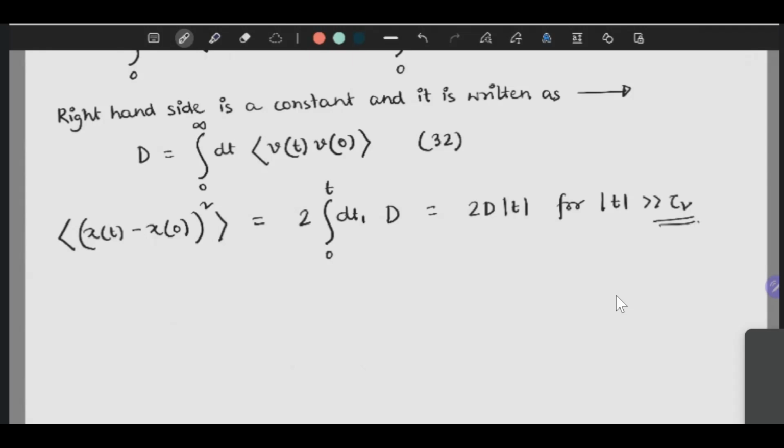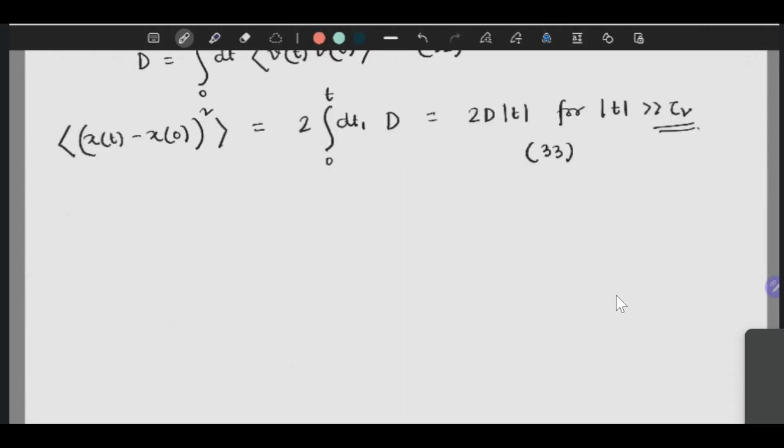So from here we can get the famous result: this constant D is called the self diffusion constant.